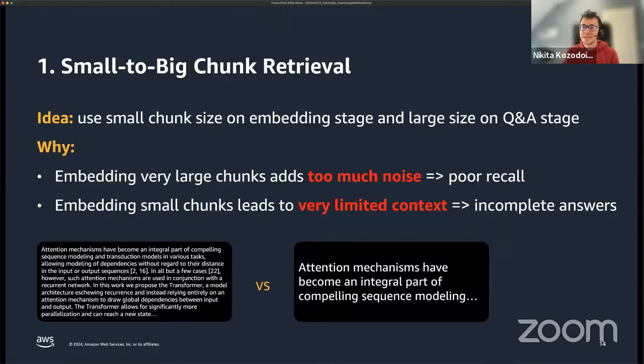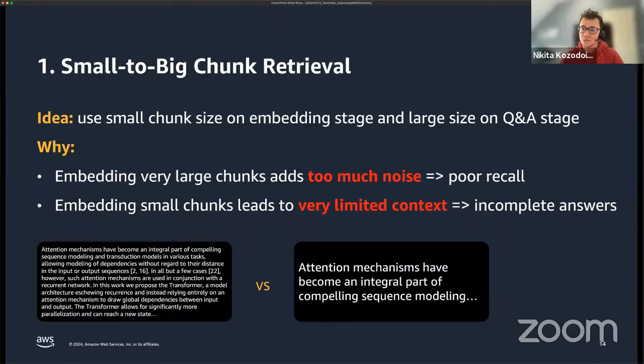If I gave you only this right chunk that you can see on the slide, you would still not be able to answer what the attention mechanism is. You see that they have become an integral part of sequence modeling, but it doesn't tell you much about how it works. So in that sense, you would still need to rely on more information. This is a problem because if you include too much, you may not find this chunk. If you include too little, you find this chunk, but you don't have enough context.